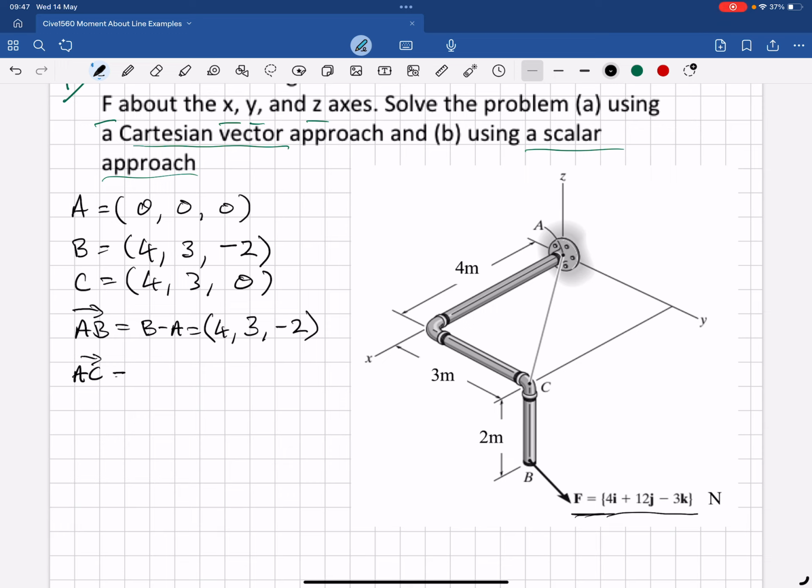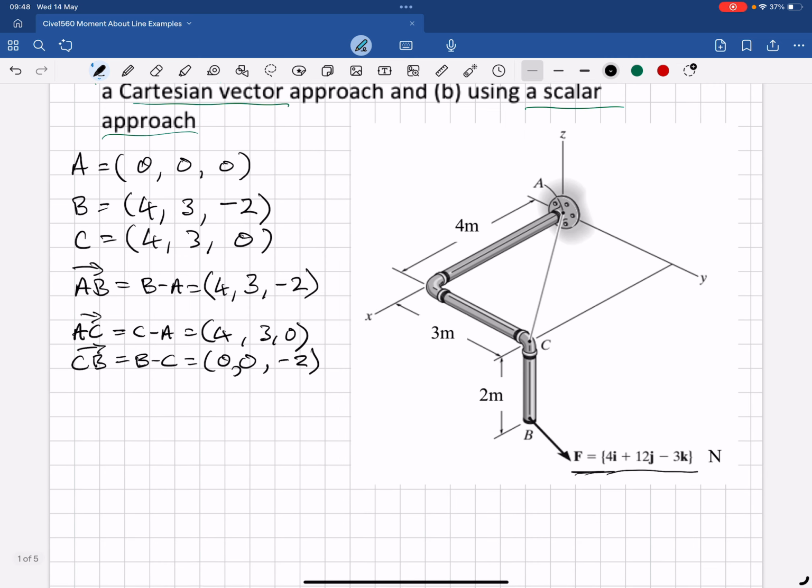AC is equal to C minus A, which will be similarly just the same as what we have C is up there. 4, 3, 0. We're going to need CB, I think. So that will just be B minus C, which will be 0, 0, -2.